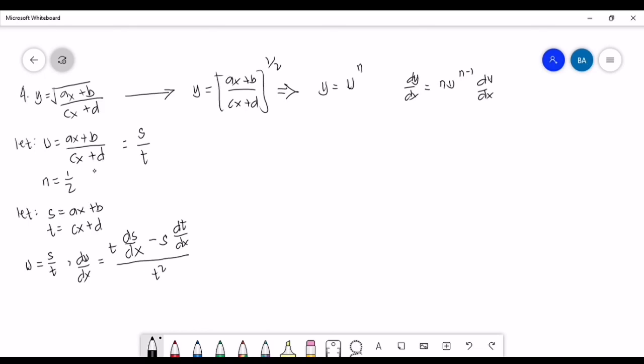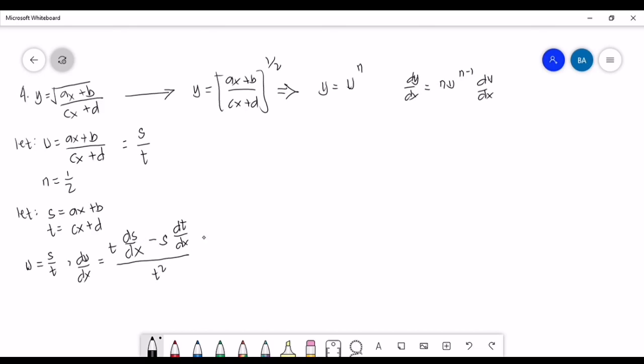Now our t is given, which is cx plus d, and our s is also given, which is ax plus b. Now we need to find ds with respect to x and also dt with respect to x.